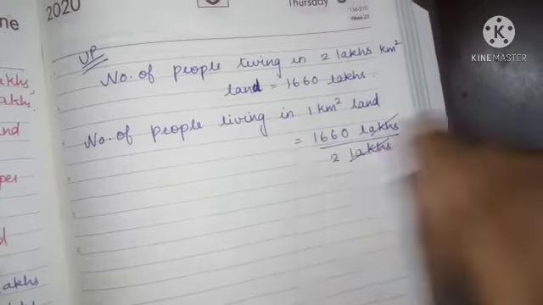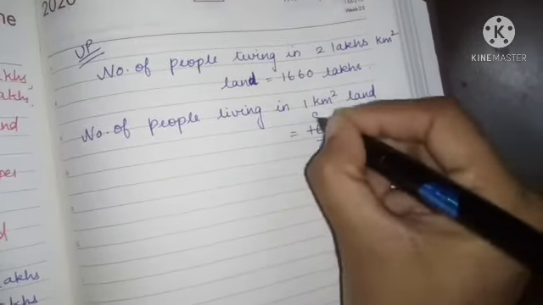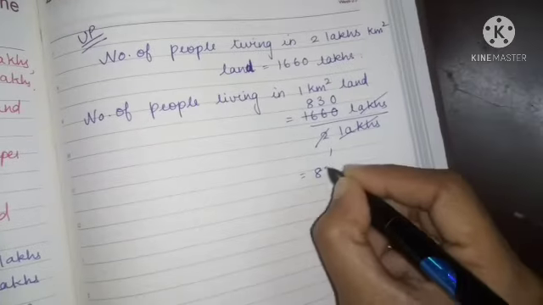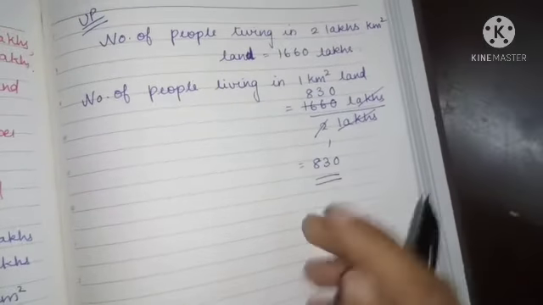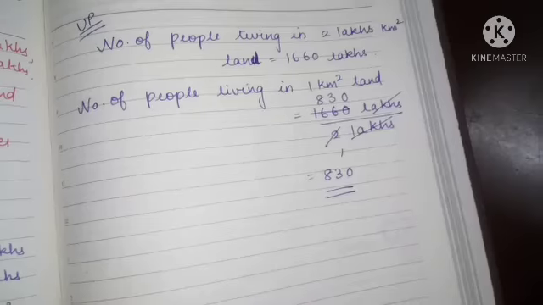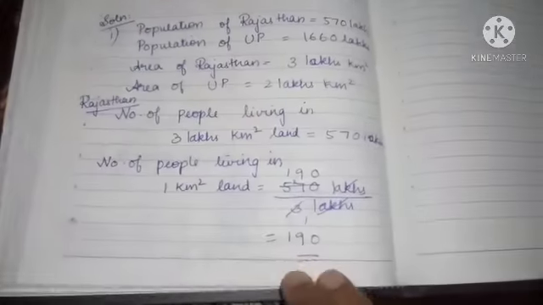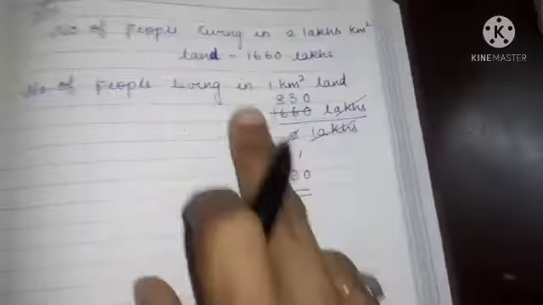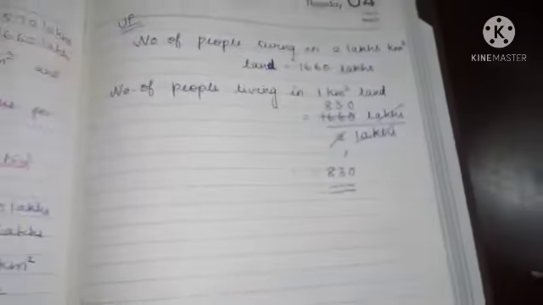Lakhs cancel. 2 ones are 2, 2 8s are 16, 2 3s are 6, 0. So 830 people are living in 1 kilometer square land. In Rajasthan, 190 people are living per kilometer square, and in UP, 830 people.